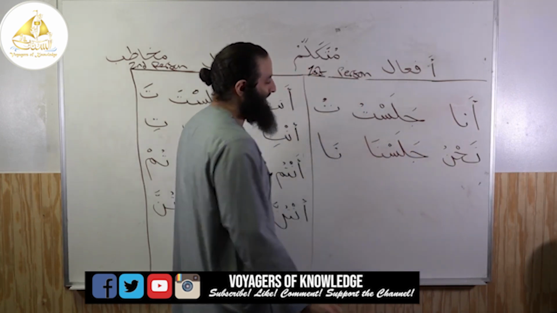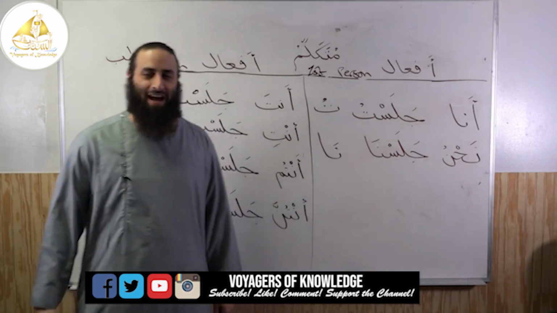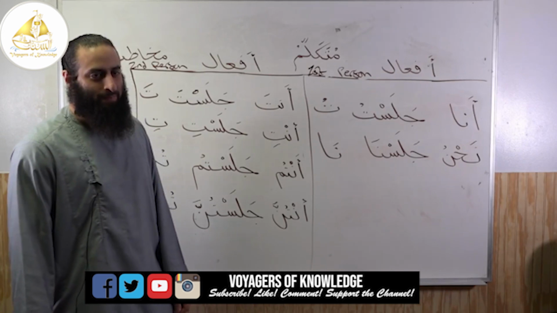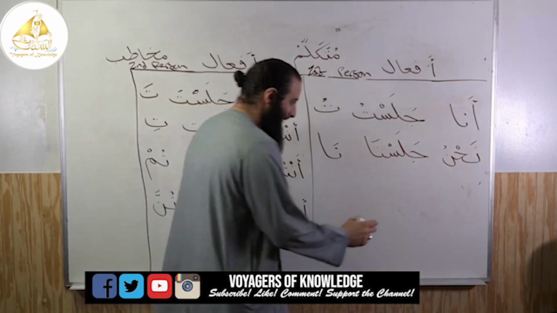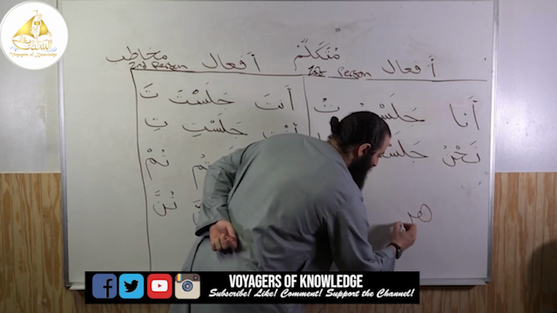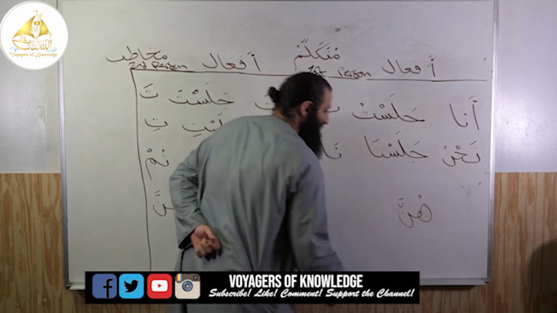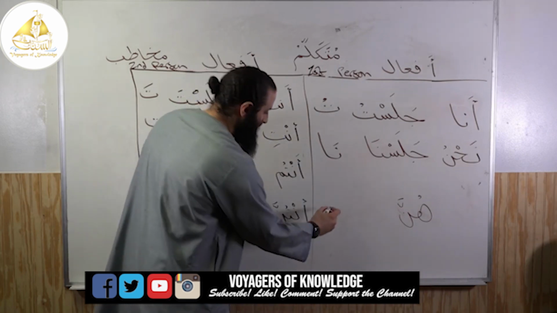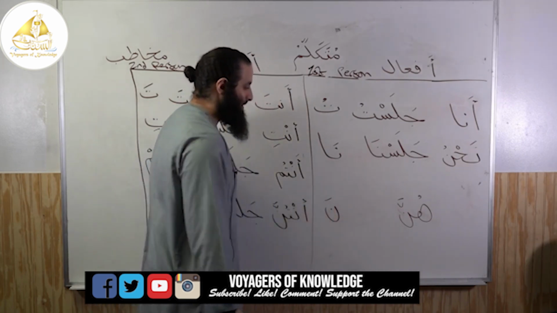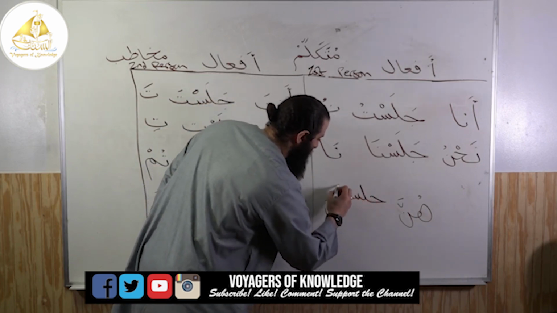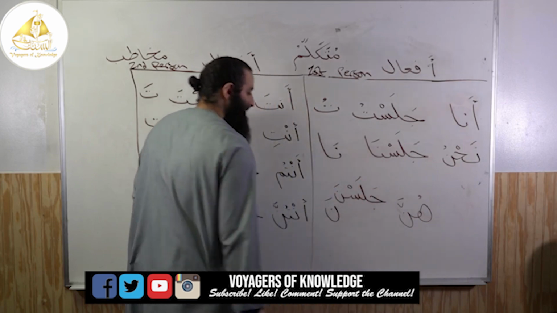What if I put a short noon there? It will be the other guy. It will be for hunna. Remember hunna? What is the thing we added? Yep. That's jalasna.